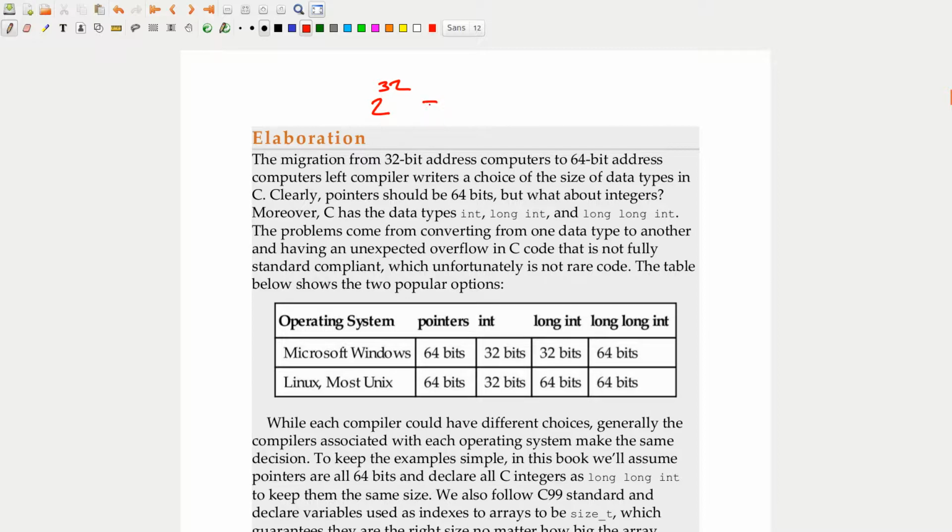This is a 4 gigabyte virtual address space. So for a 32-bit machine, we have 2 to the 32, which is 4 gig of memory, right? So the question is, what do we have for a 64-bit machine? Can you take a guess? Take a wild guess of what the range is we have for a 64-bit machine.